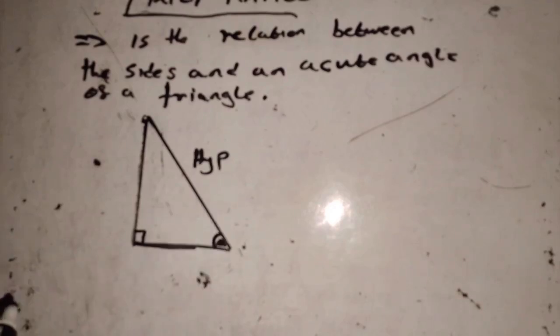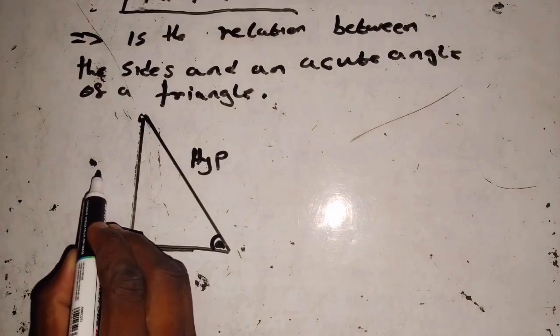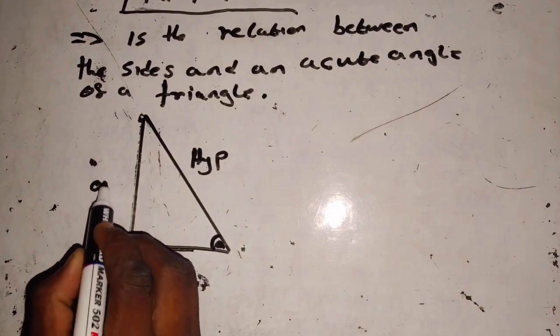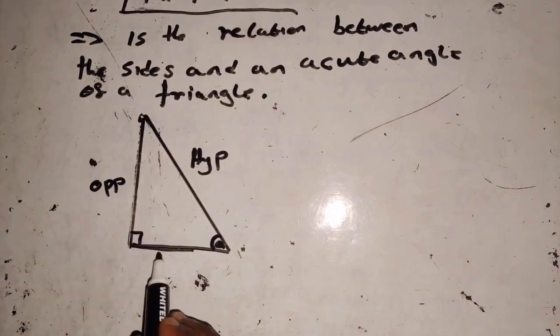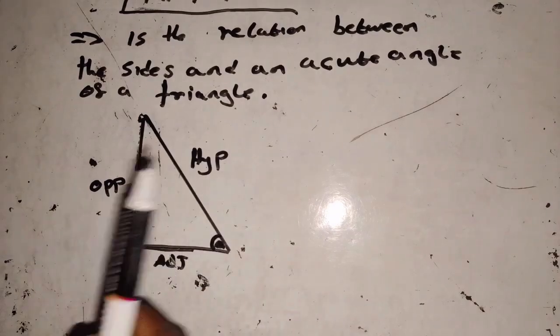So listen: the side opposite to the theta is called opposite, and the last one is adjacent. Remember, the longest side is the hypotenuse, the side opposite to the angle is called opposite, and the remaining one is adjacent.